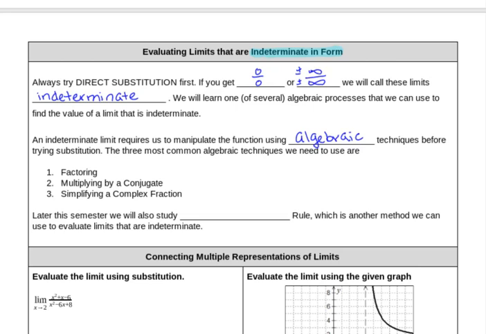These three most common algebraic techniques that we use are factoring, multiplying by a conjugate, and simplifying a complex fraction. The only one we are going to worry about right now is factoring. Later this semester, we will also study L'Hopital's rule, which is another method we can use to evaluate limits that are indeterminate.